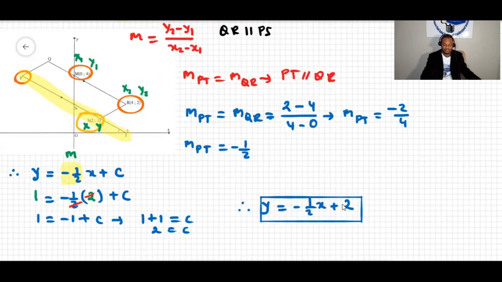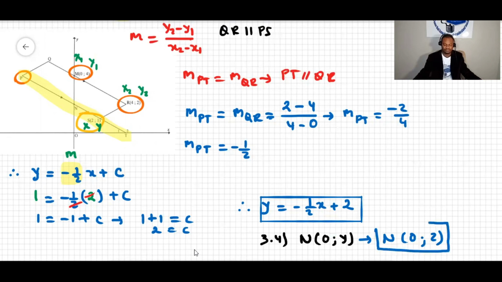It's the c value, which is 2. So for the coordinates of N, since it's the y-intercept, it's (0, y). Therefore N is the point (0, 2). So that's question 3.4. Thank you.